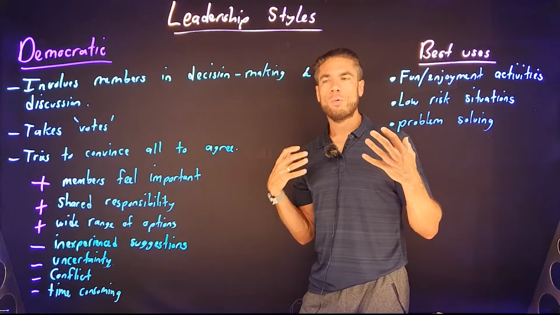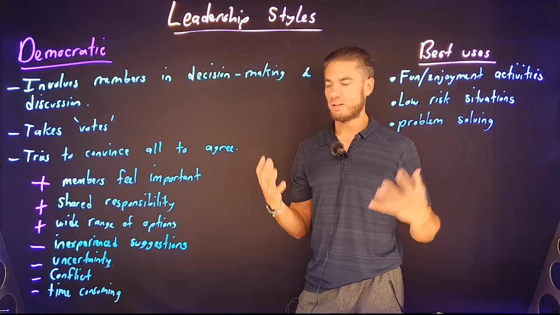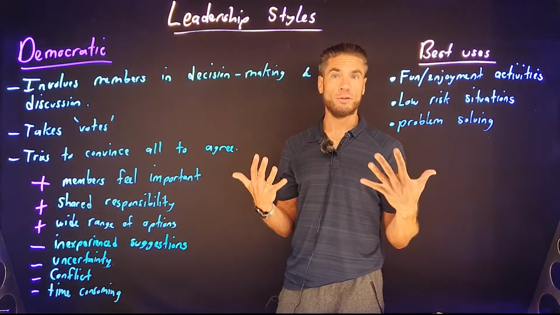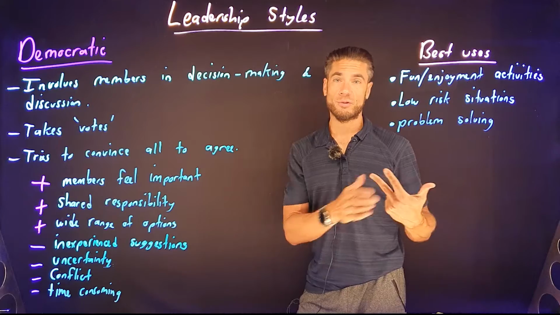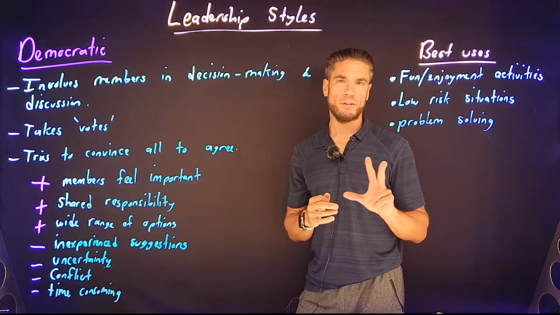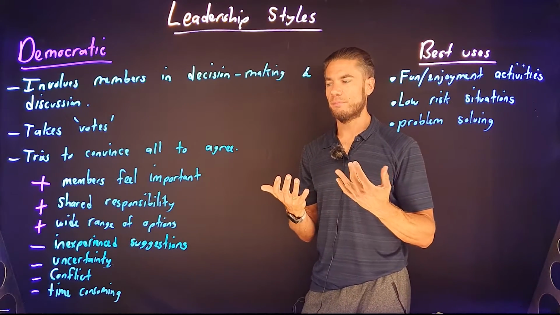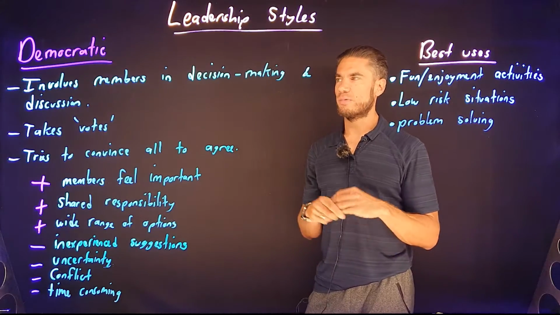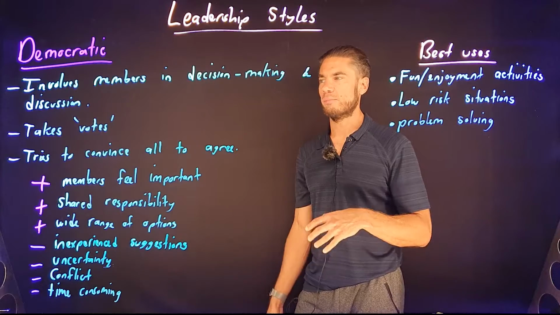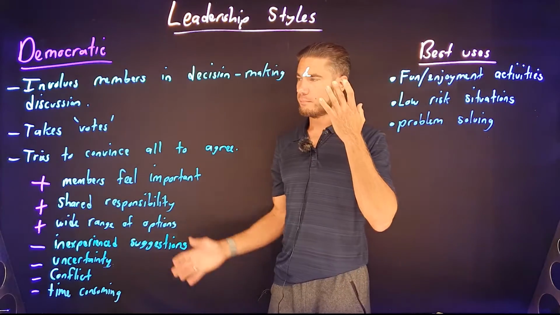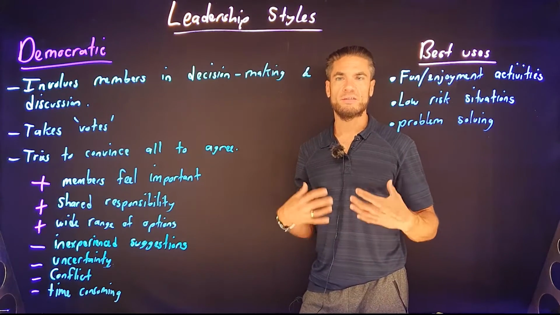After the votes are taken, let's say there's 10 people in the group and 7 vote for a certain option and 3 vote for a different one, the leader will then try and convince these 3 that this one is the better option. So they do try and persuade which way the vote goes, but overall it is very democratic, so everybody gets an opinion.